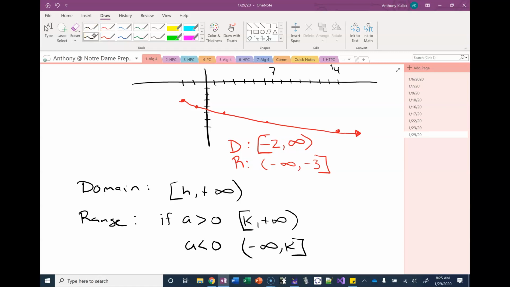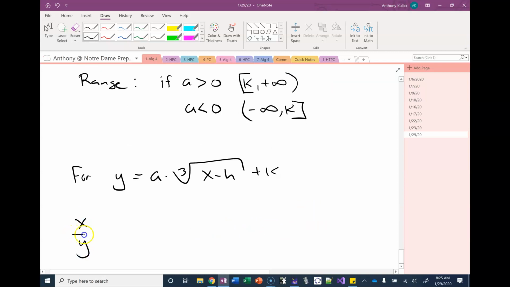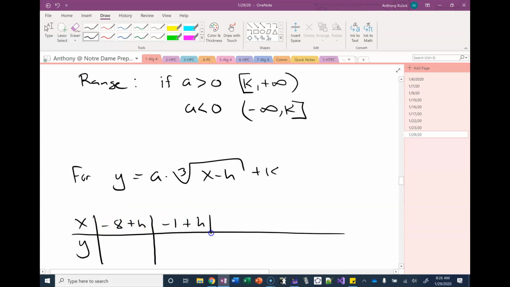Let's talk about cube root graphs then. So we're going to pick our x and y's very similarly to what we did before, but because we're talking about a cube root, the 5 numbers that we're going to add h to are different.